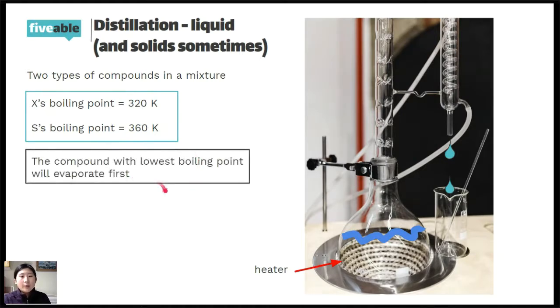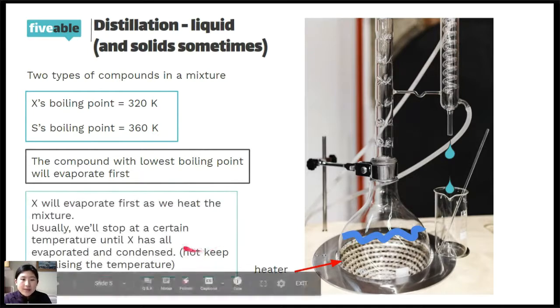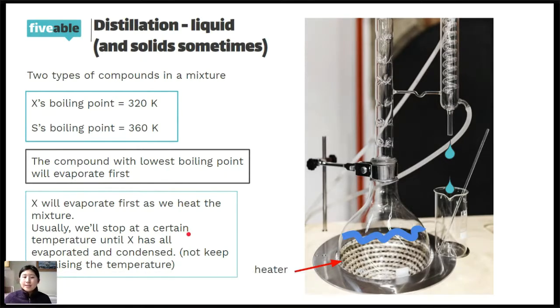So the compound with the lowest boiling point will evaporate first. That's what I just said. You will stop at a certain temperature until all of X has evaporated and condensed.